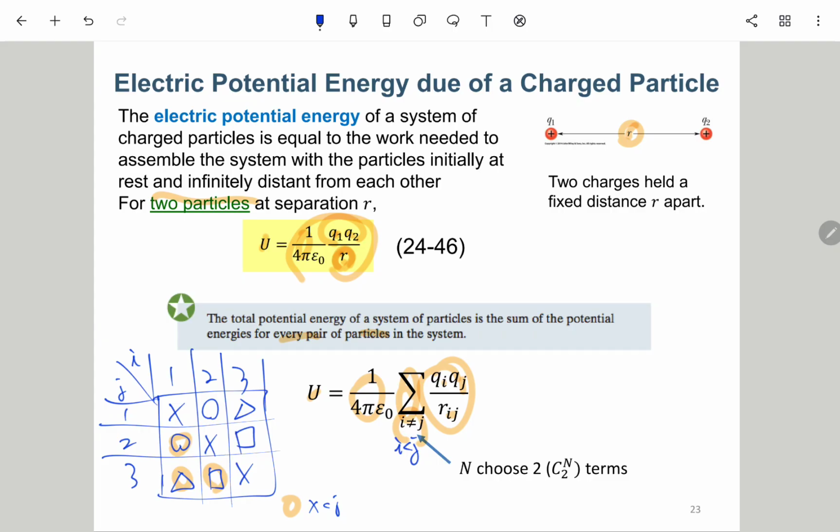So you only need to calculate the lower half triangle or the upper half triangle. You don't need to calculate all 6 terms.